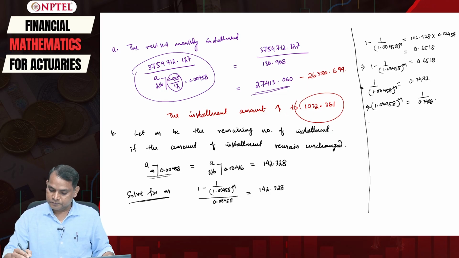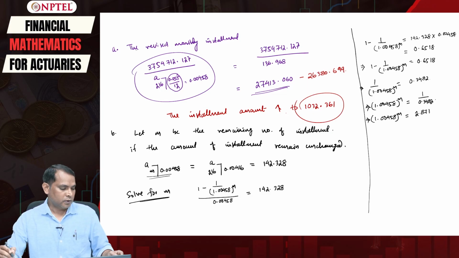We can say 1.00458 to the power M is equal to 2.871.